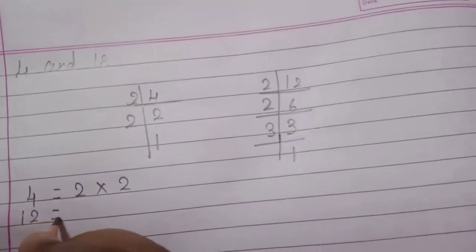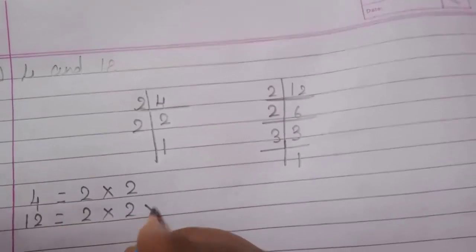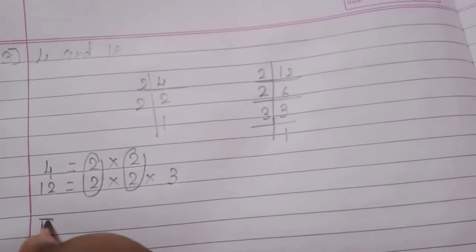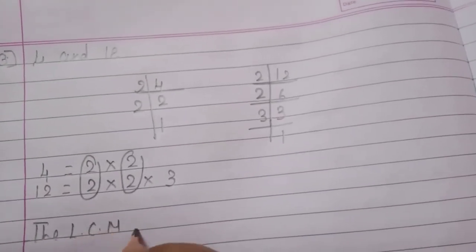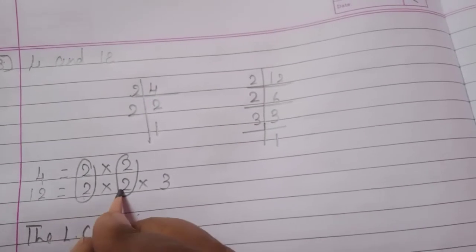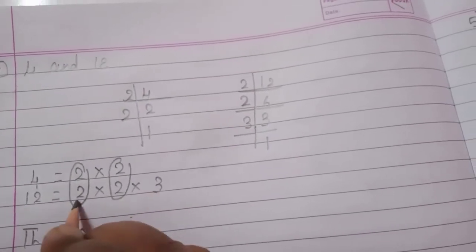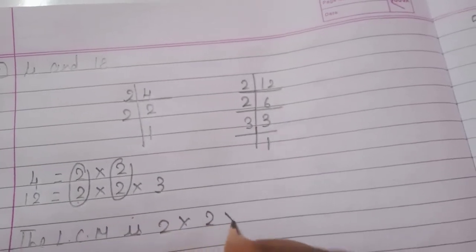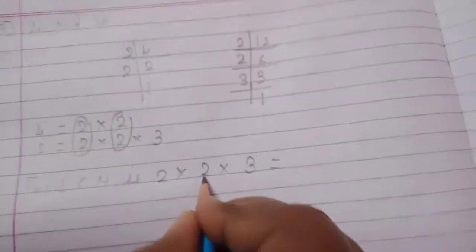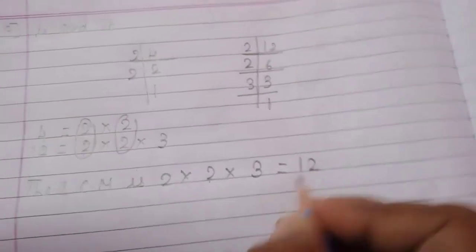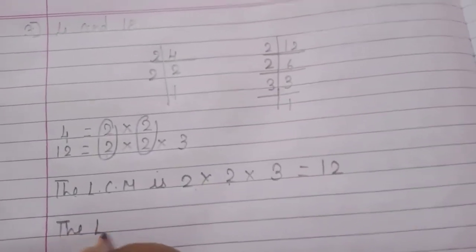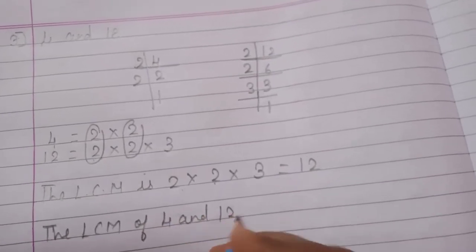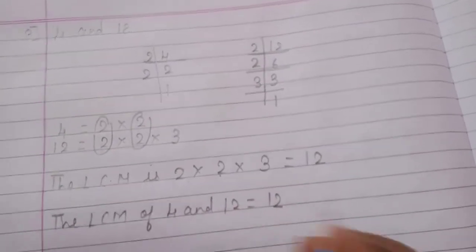For 12, 2 multiplied by 2 multiplied by 3. Here the common factor is 2 and 2. So for the LCM we have to write the common factor one time and the remaining factor also: 2 multiplied by 2 multiplied by 3 equals, 2 2s are 4, 4 3s are 12. So the LCM of 4 and 12 equals 12.